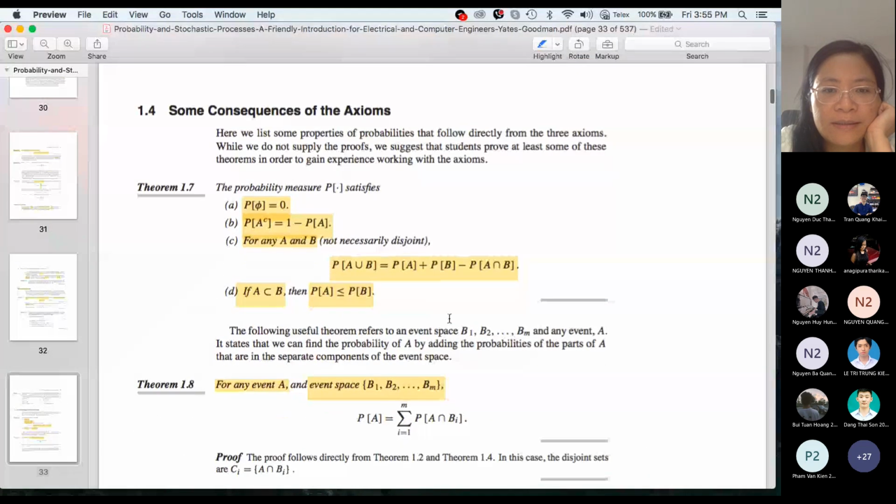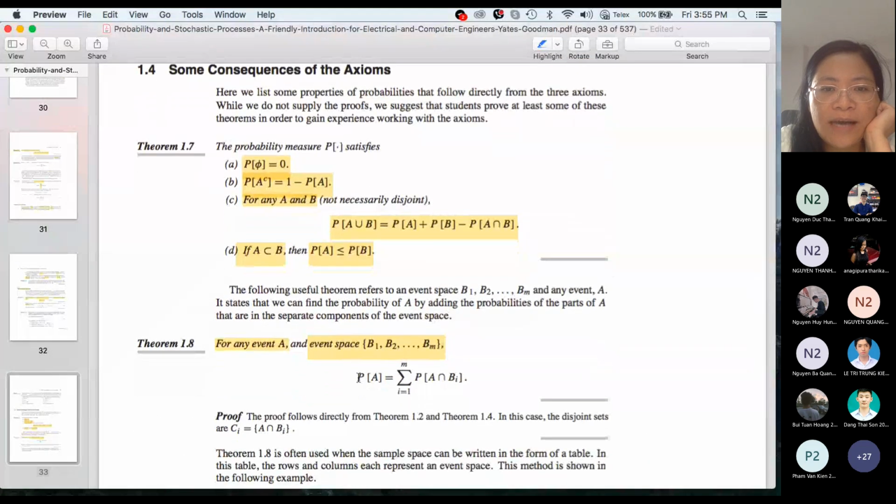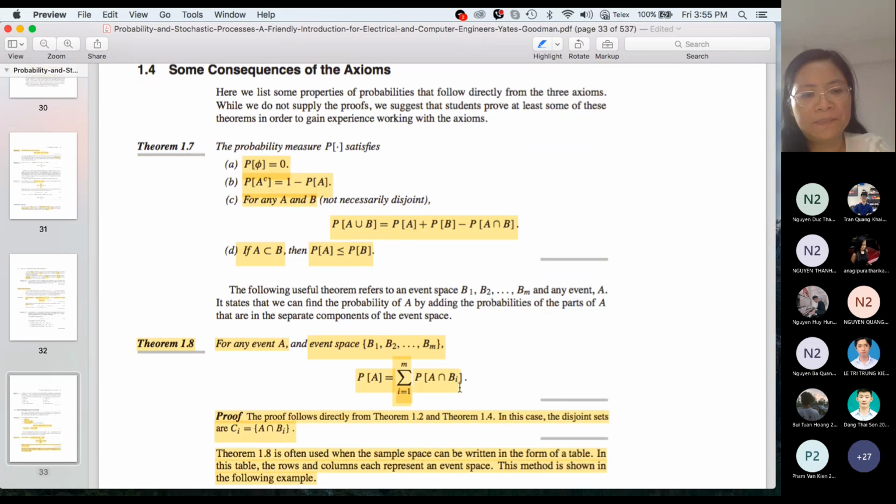It's too long, so we can write down the probability of A equals the sum of the probability of A intersection Bi.